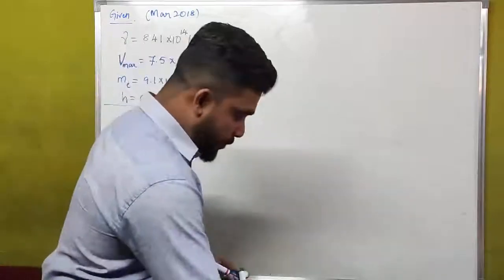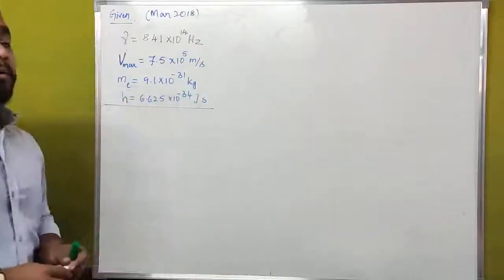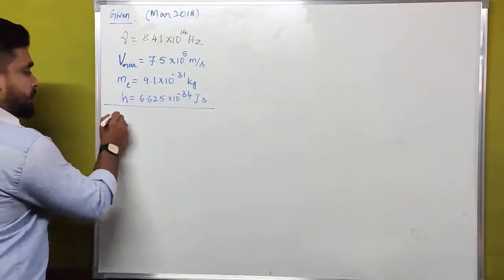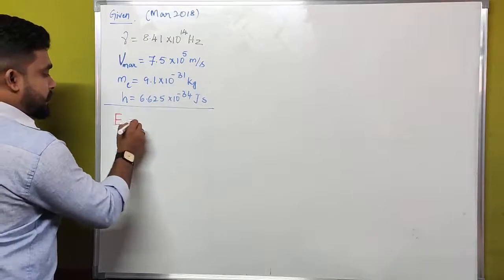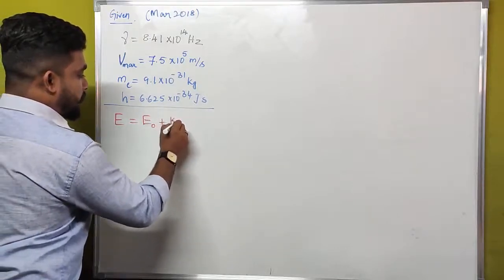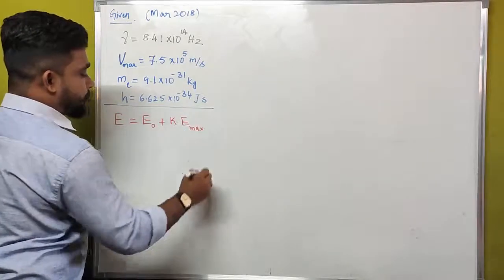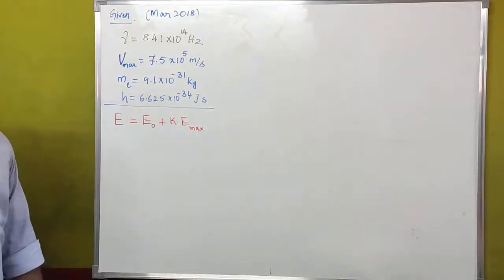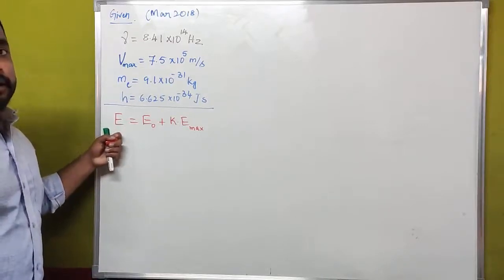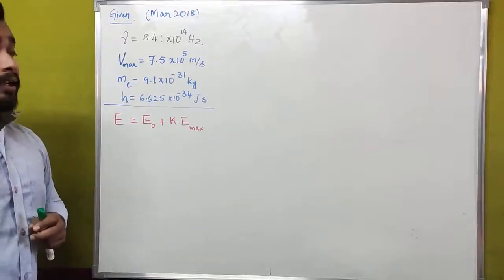Next, we have to simplify. What is the formula for work function? Energy E is equal to E naught plus maximum kinetic energy. Actually, this is total energy, which is nothing but potential energy plus kinetic energy.